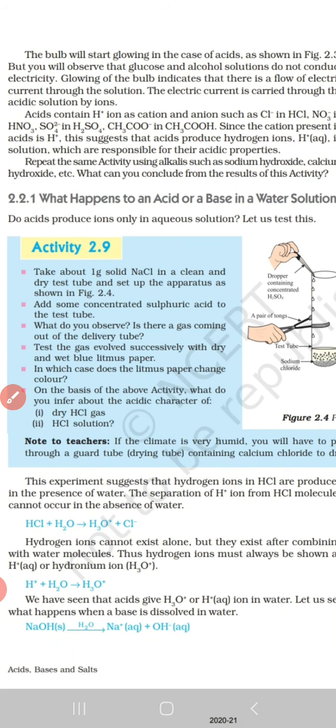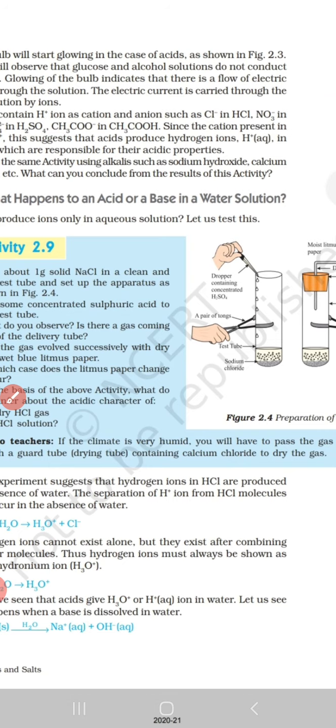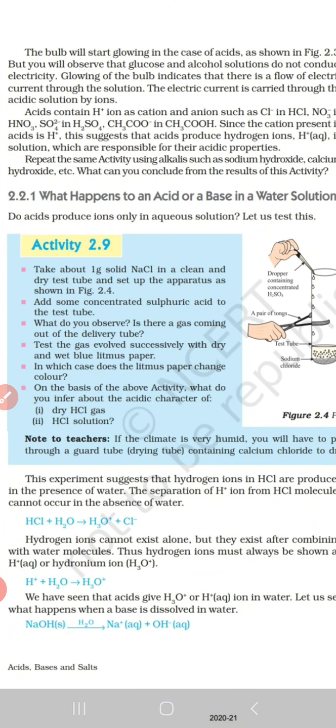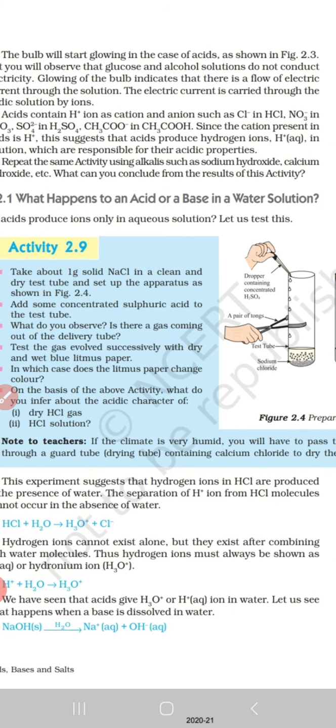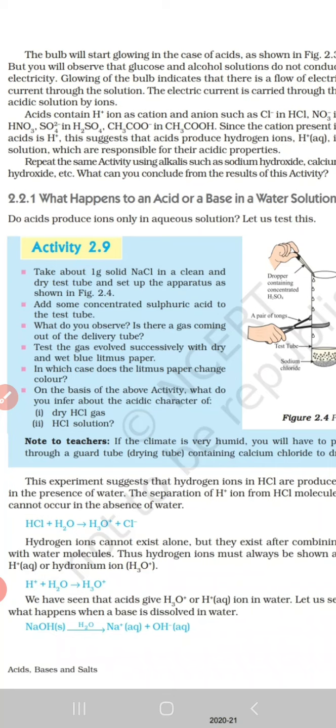Okay, here are some examples. NO3 in HNO3. HNO3 means nitric acid. When HNO3 dissociates, it gives NO3 as an anion. In the case of sulfuric acid, H2SO4, when it dissociates, it gives SO4, the sulfate ion, which is an anion.